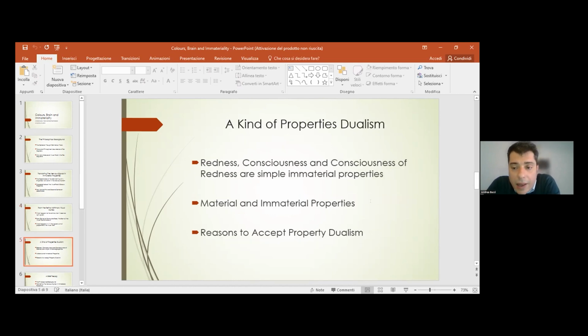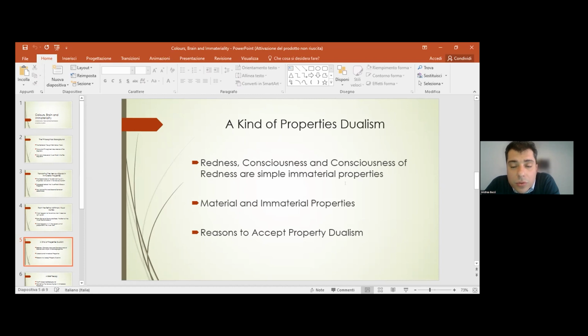For what we can think about the actual debate about what consciousness is and what the immaterial properties of our experience are, we can think that consciousness, or redness, for example, are simple immaterial properties, and there is nothing to find.